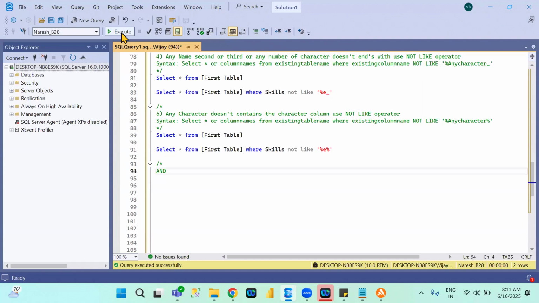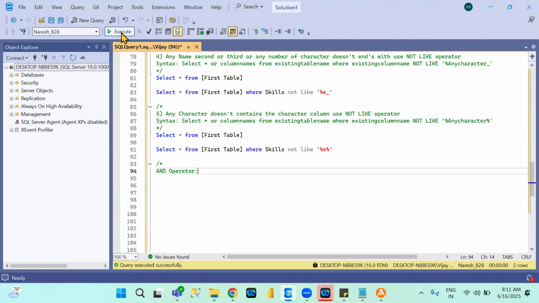AND and OR operator. Up to now, in where clause, how many conditions are you writing? One condition.